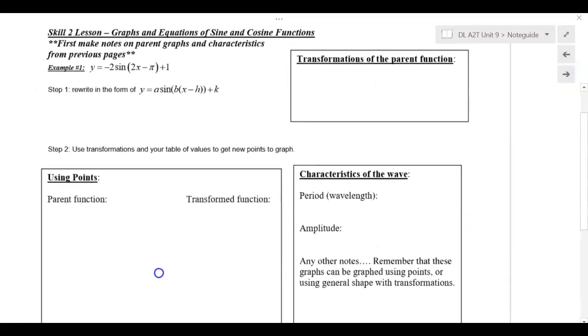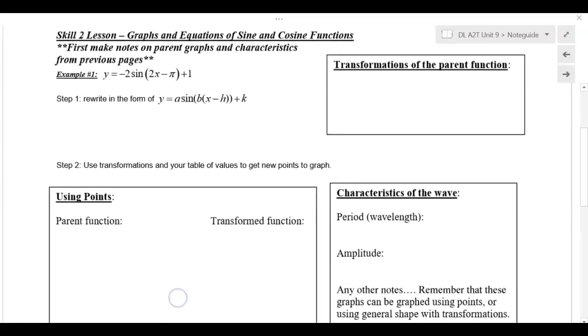So we're going to start with this function. First, rewrite it so you can see all of the characteristics. And we've practiced this all year. We don't want that 2 distributed to the terms inside of that sine function. We want to undistribute it.